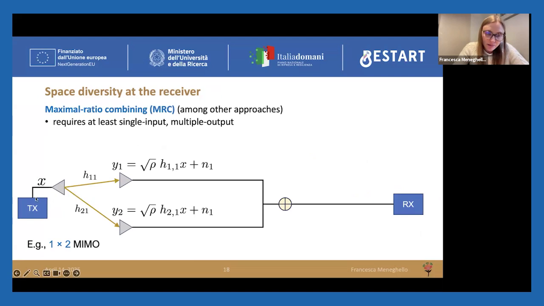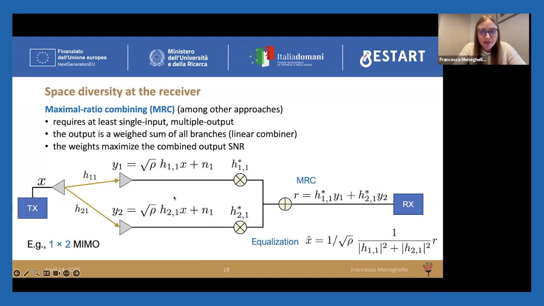Here we have an example with 1 transmitter antenna and 2 receiver antennas. An approach in this case is to apply maximum ratio combining. That means that we take the signal received at the 2 different antennas and we apply some weights, this time at the receiver antenna, in order to compensate for the channel impairments introduced by the different links.